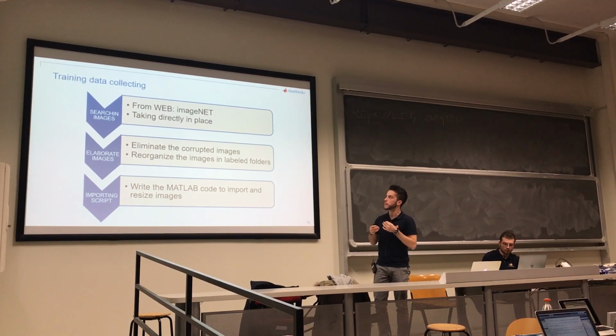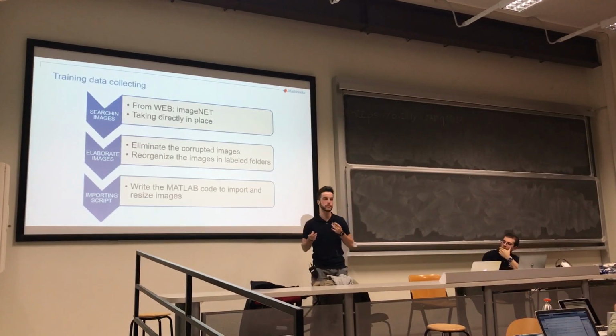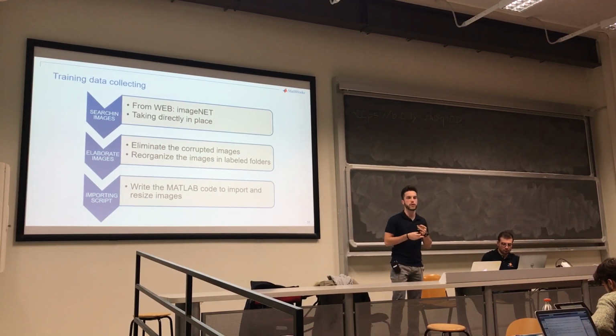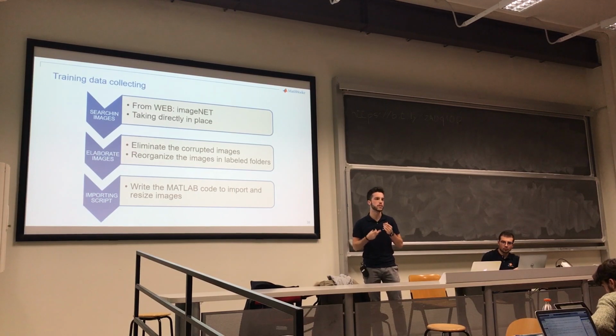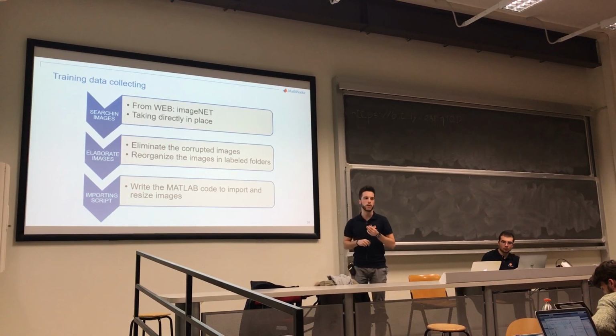So you have to eliminate the corrupted images and also all the images that aren't coherent with your purpose. So it's very hard work, because you can't give this task to a computer, you have to watch the images and see if there are some problems.